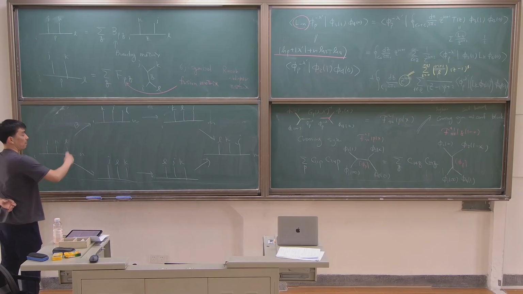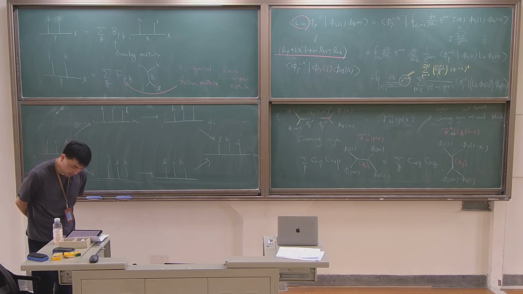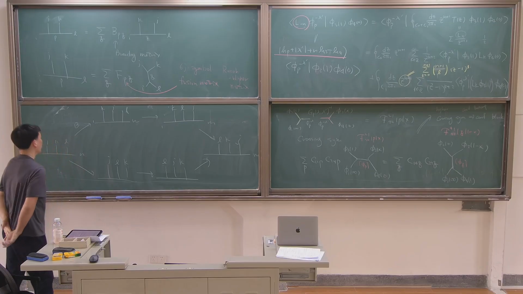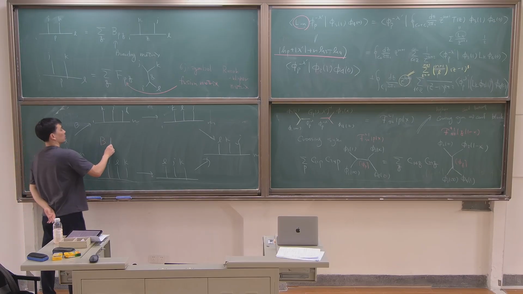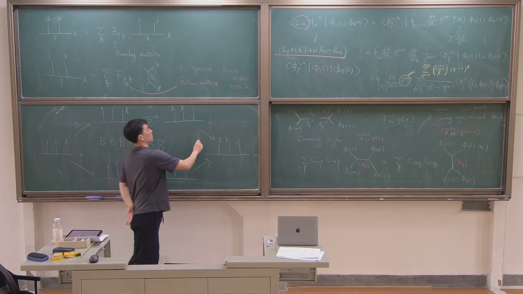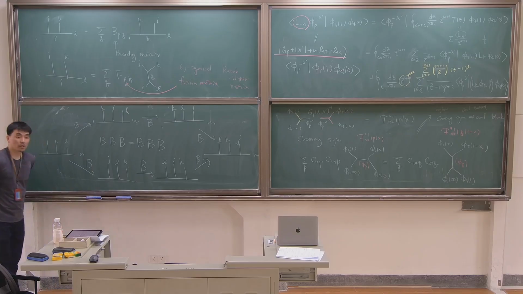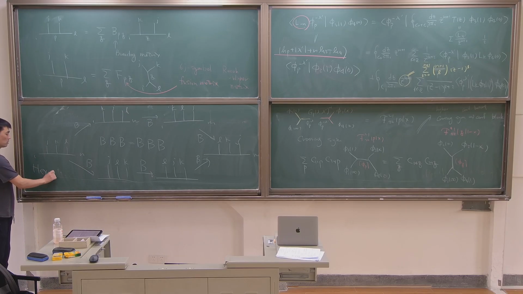So this is called the hexagon relation. It gives you something like BBB is equal to BBB, so each transformation requires a braiding matrix. On the other hand, for the fusion matrix, you need a pentagon relation.